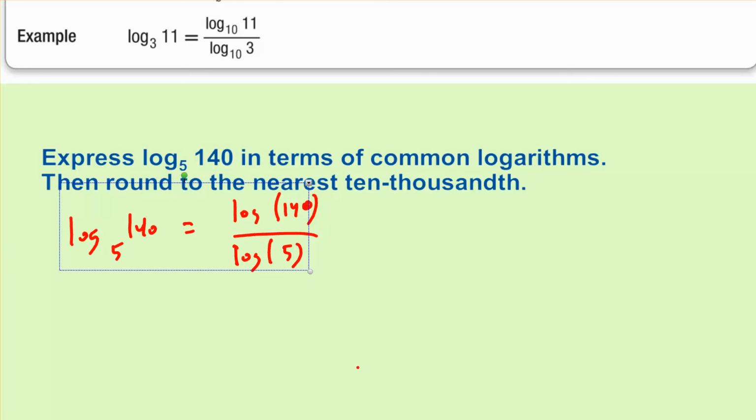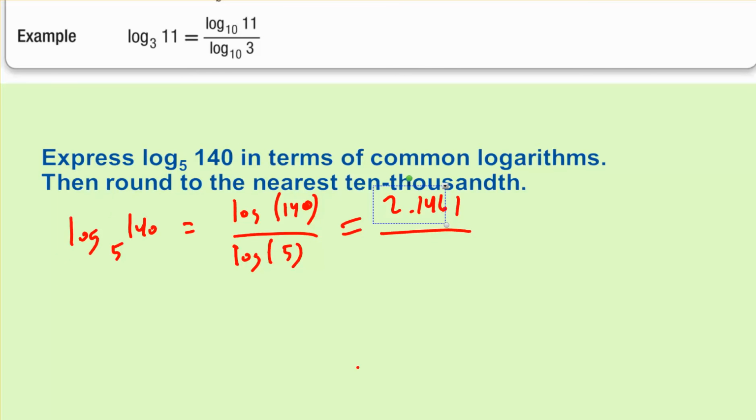So that's supposed to be a 140. Okay, remember this is a common log, log base 10. Drop it in your calculator. Log of 140. All right. That equals 2.1461.